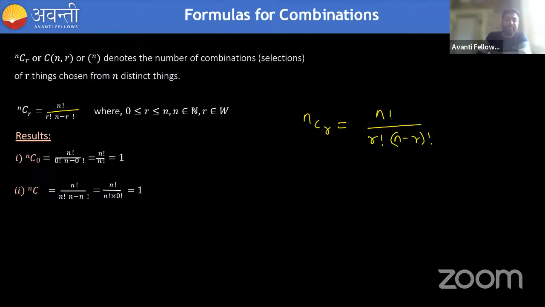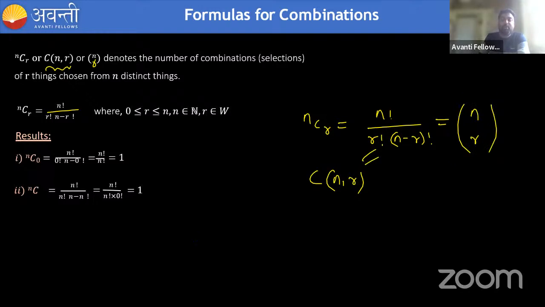It can also be denoted by C of n, r, we can write it this way too, C of n, r, it can be represented by this also, and also this can be written as nCr.